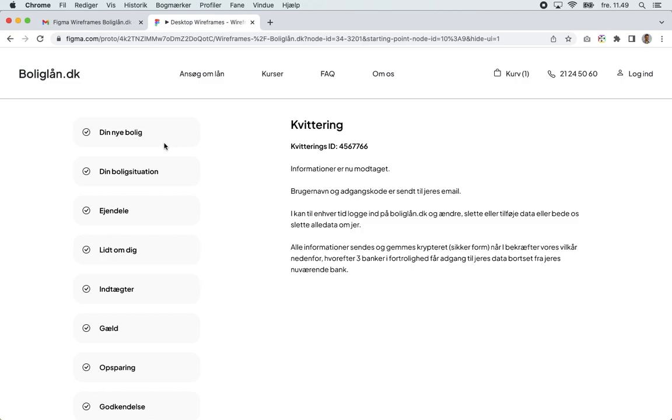The least? I think it was a bit confusing about my boligsituation. I was applying for 4 million kroner, but later on it asked me if I wanted to sell my apartment, and I was confused about what I was applying for, because I was applying for the mortgage loan.